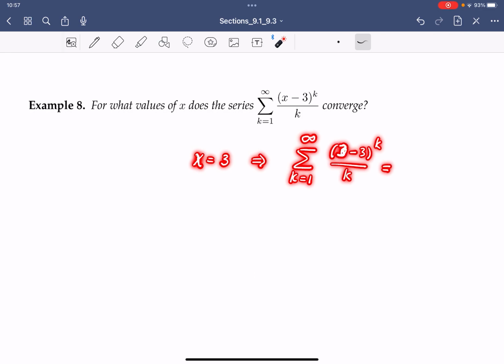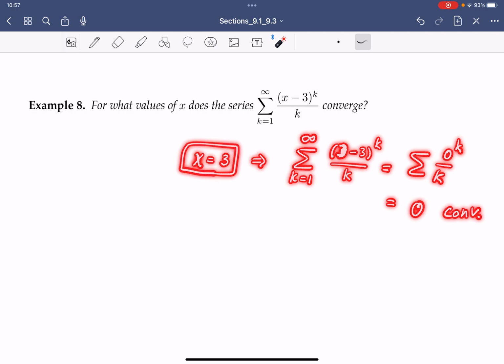So you get the summation of 0 to the k over k factorial, which is actually 0 because 0 over something is 0. This is convergent. So x equal to 3 gives you a convergent series.